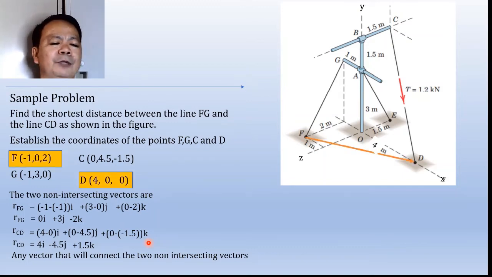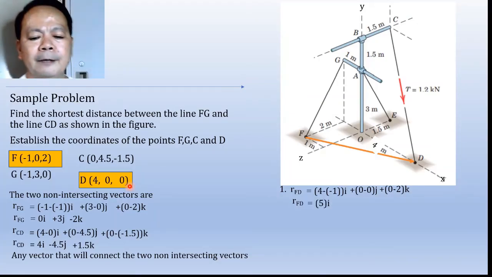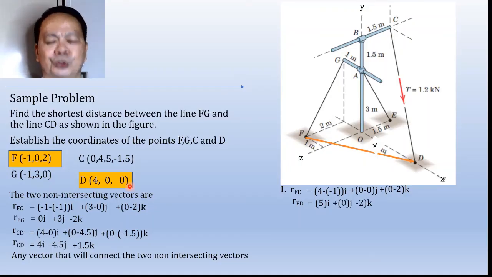These points have these coordinates. And so the vector RFD is equal to 4 minus -1 i plus 0 minus 0 of j, plus 0 minus 2 of k. And so when we simplify, that is equal to 5i plus 0j minus 2k.